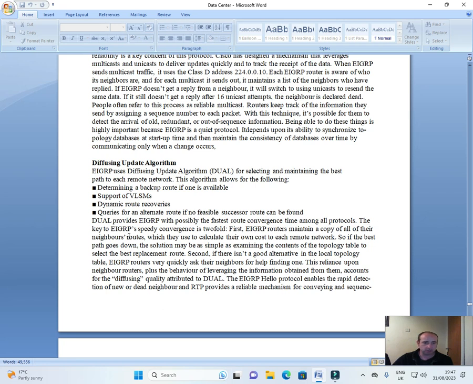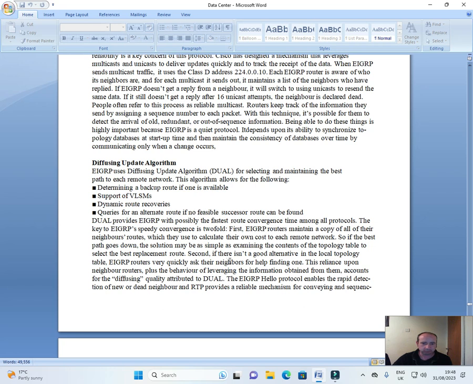The key to EIGRP's speedy convergence is twofold. First, EIGRP routers maintain a copy of all of their neighbours' routes, which they use to calculate their own cost to each remote network. So if the best path goes down, the solution may be as simple as examining the contents of the topology table to select the best replacement route.